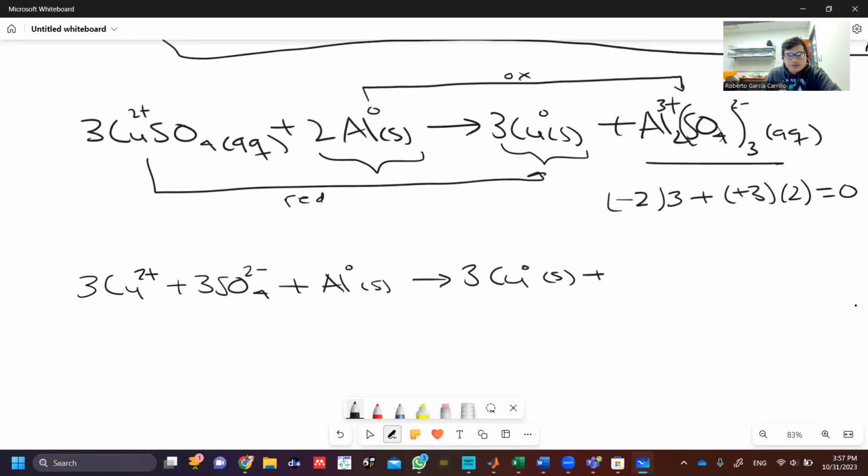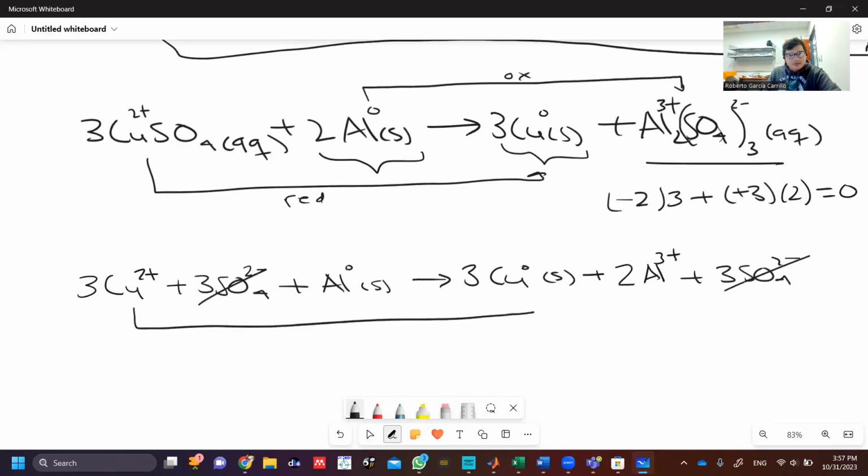So that's why aluminum has a 3 plus charge. And it's 2 aluminum 3 plus 3 sulfate ions. And you can see these ones are spectator ions.